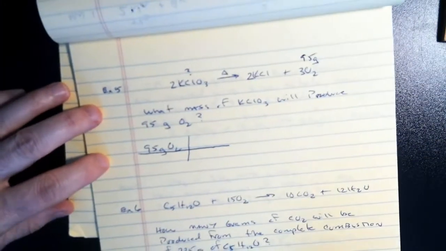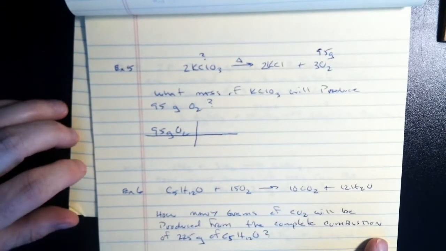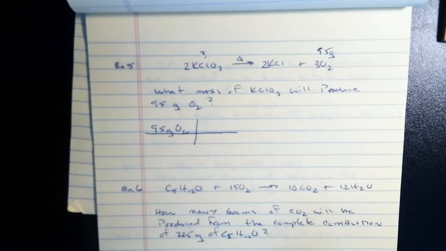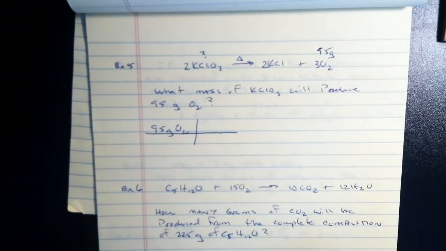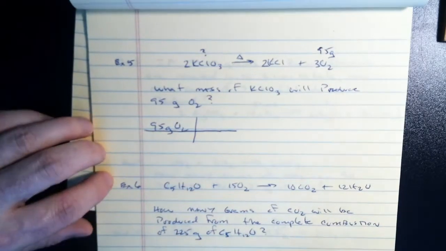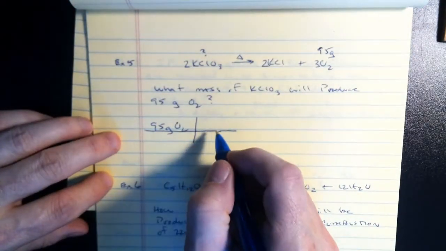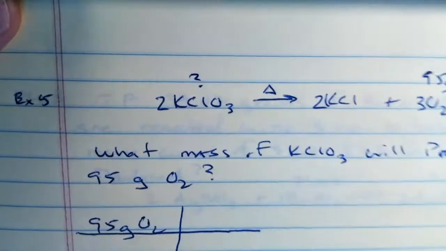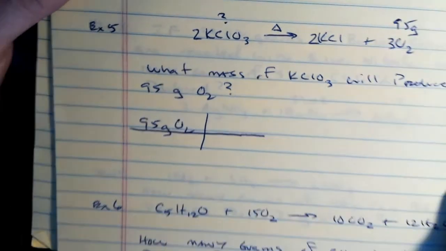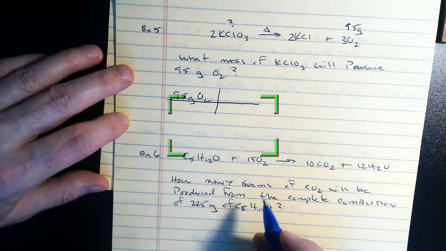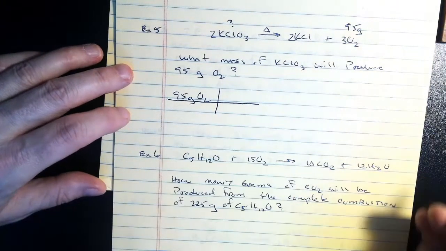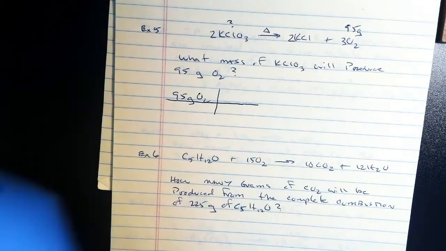So anyway, we're down here, and what mass of KClO3 will produce 95 grams of O2? Down here we will have, let's see here. Can we do a better job of focusing? Yes, come and focus. There we go. Okay, we're going to have grams of O2, so if you want to look it up, you can look up oxygen.